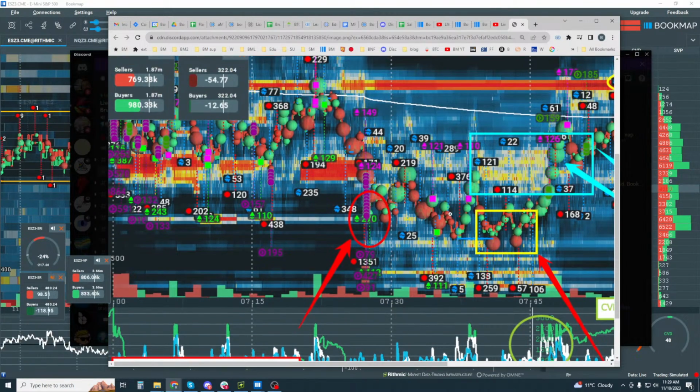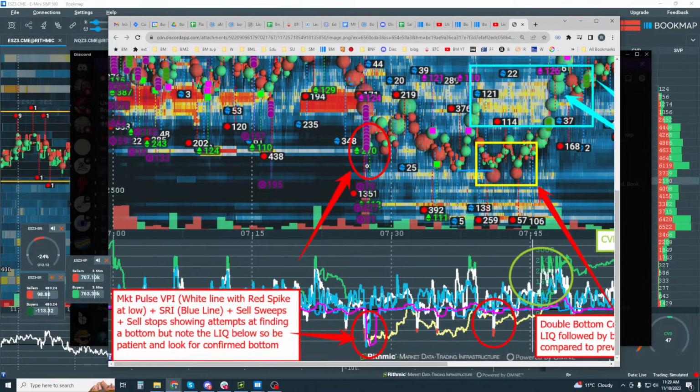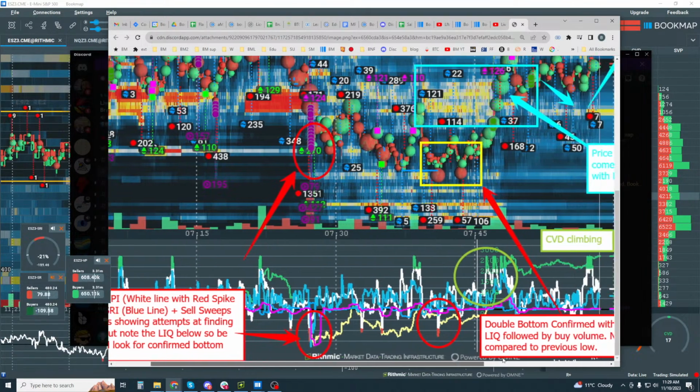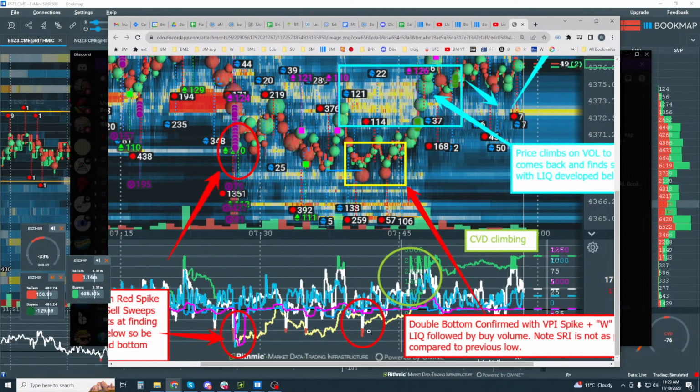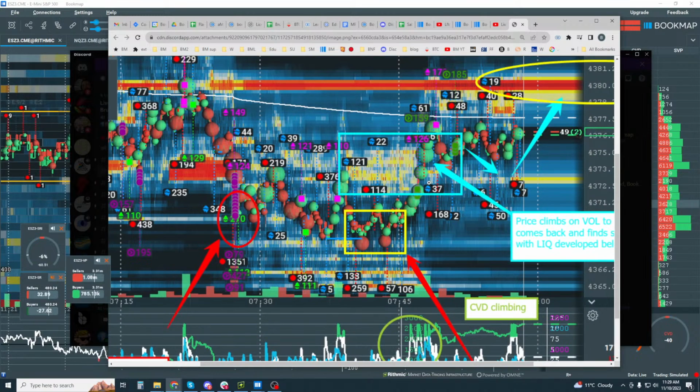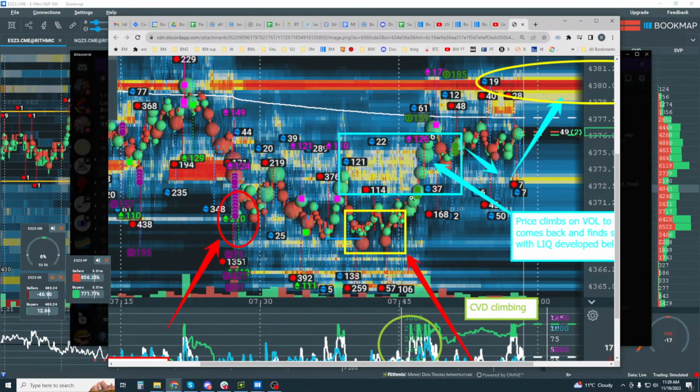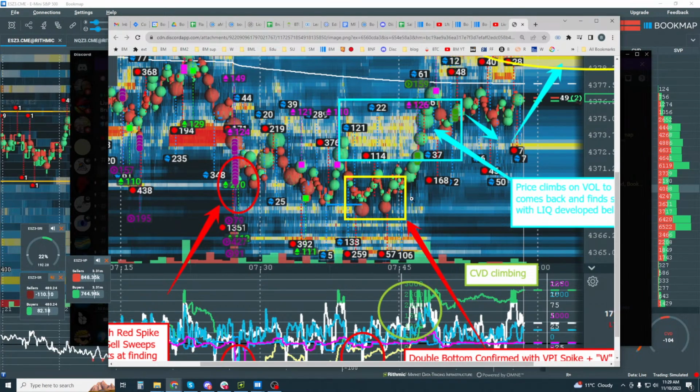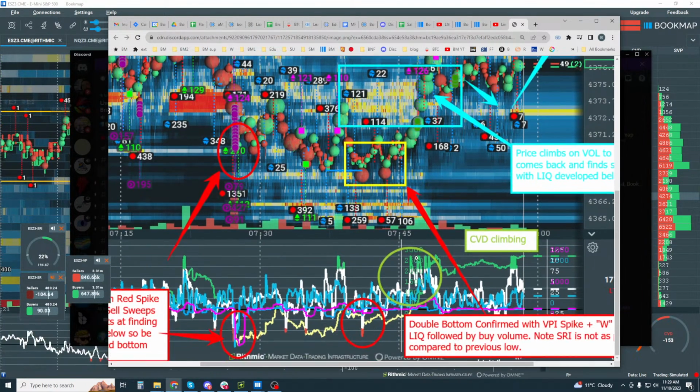Getting a reading off of this, and then looking for the bottom to be confirmed in here. Okay, he gets it again with the volume, pressure, and balance. I imagine he's just looking for those buyers to come back in on the other side here. Okay, CVD's climbing back up.